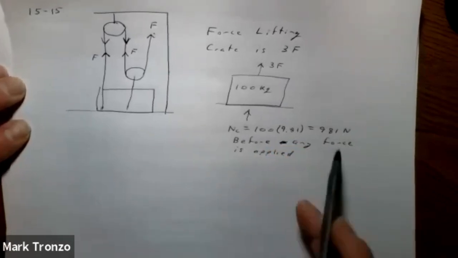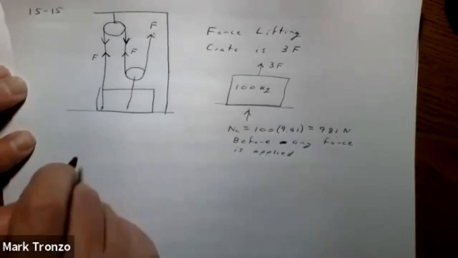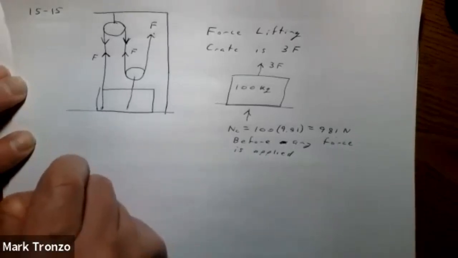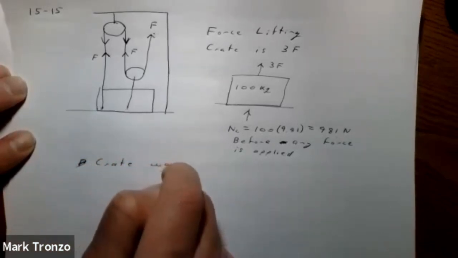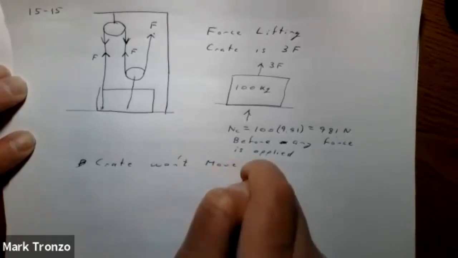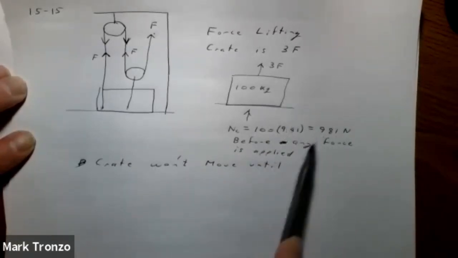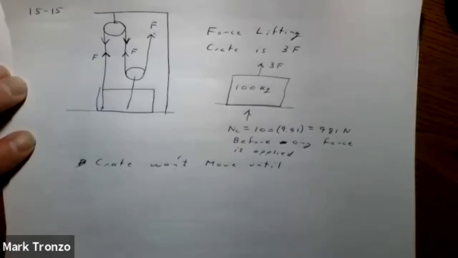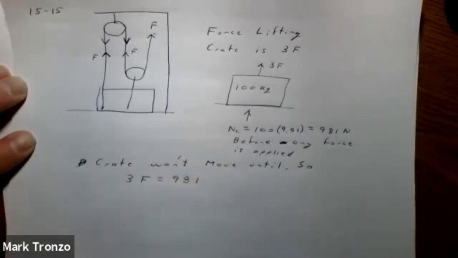So this force has to be overcome before the box starts moving. So until that 3F is equal to this 981, the box won't start moving. So 3F has to be equal to 981 for the box to start moving.